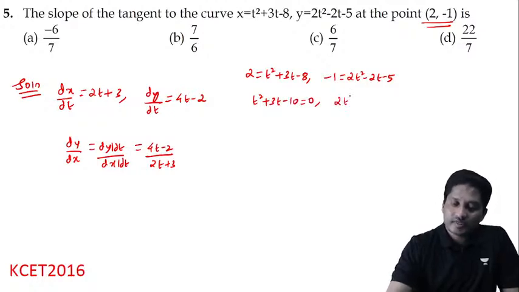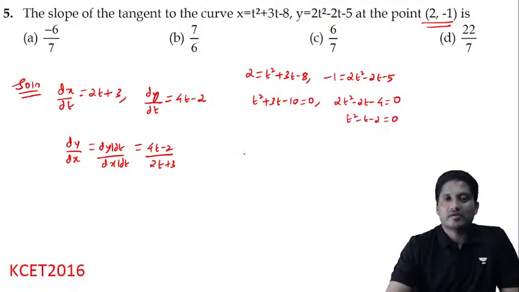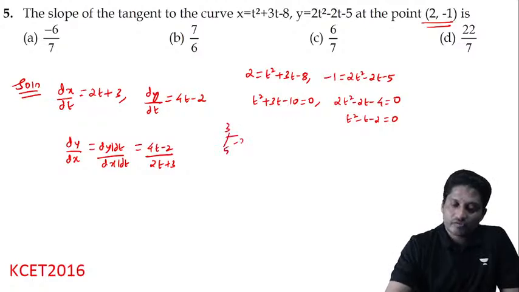Then this is 2t square minus 2t minus 4 is equal to 0. If you divide by 2, you get t square minus t minus 2. Right, here I split the middle term. 5 minus 2 can be written as t plus 5 into t minus 2 is equal to 0. So you get t is equal to minus 5 or plus 2.